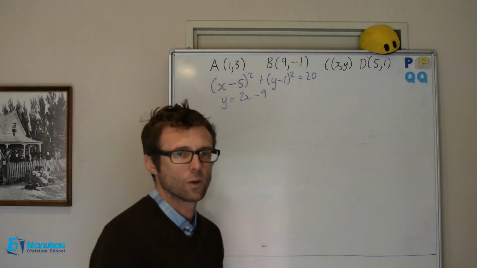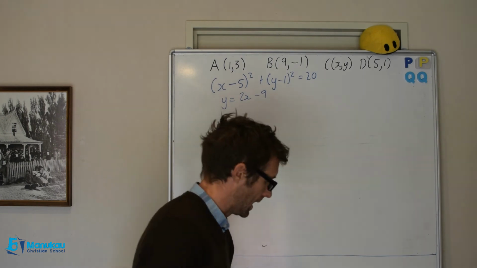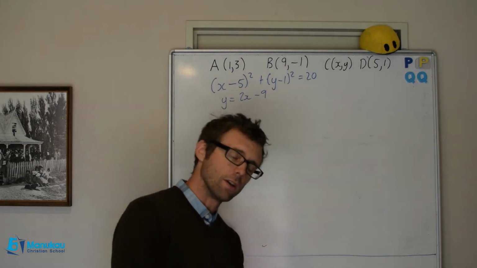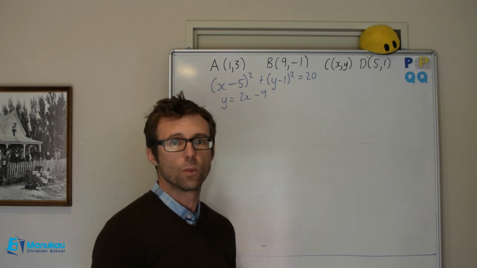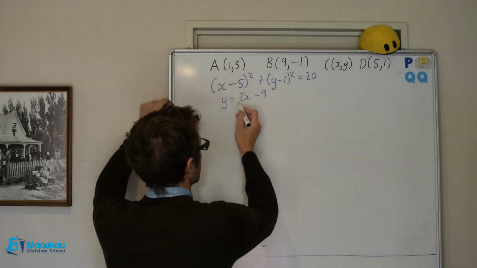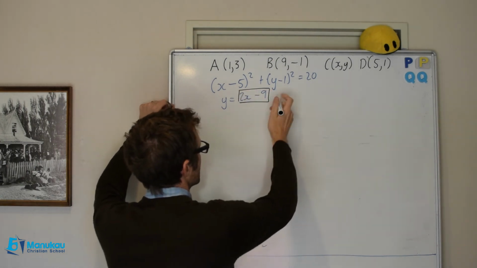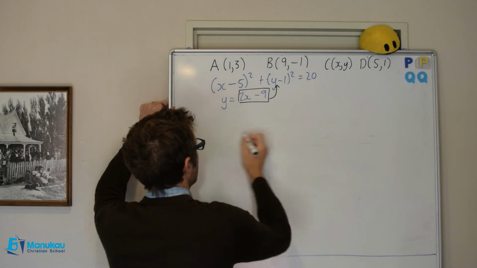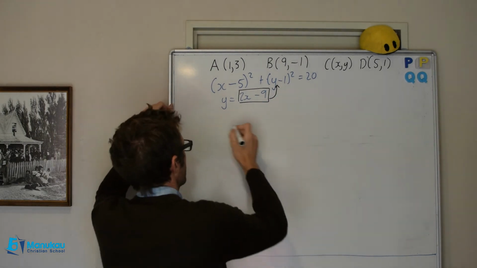The final part of the question asks us to use what we've done so far to find the possible coordinates of C. When it says possible coordinates, that means there's going to be more than one possibility. So we're going to substitute y is 2x minus 9 into this equation here, which we came up with in part 2 of the question.